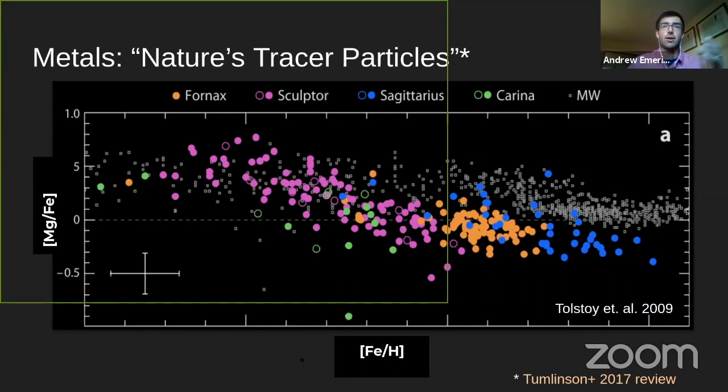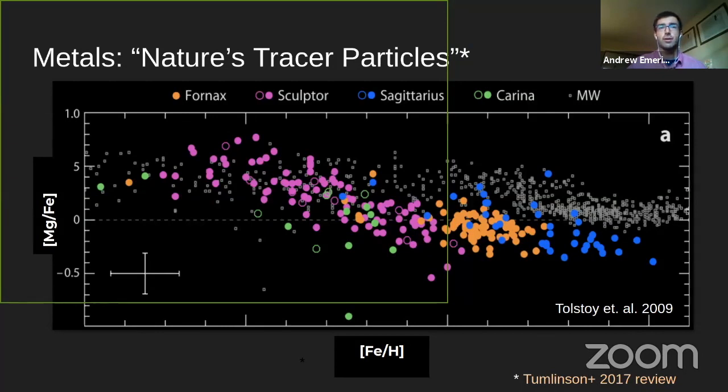Shown here in color are the different dwarf galaxies in the Local Group, and as the gray points, the stars in the Milky Way halo itself. Encoded deeply in these stellar abundances, both in the median evolution and in the scatter, is a lot of detail about galactic evolution that drives both the median trends here and the scatter in these abundances.